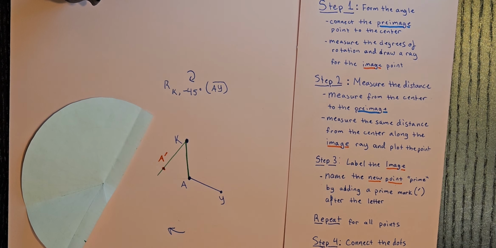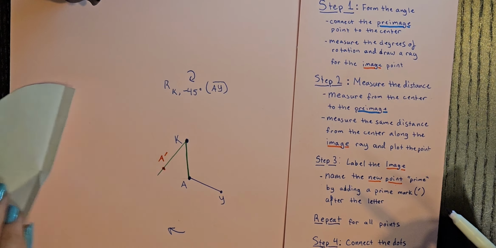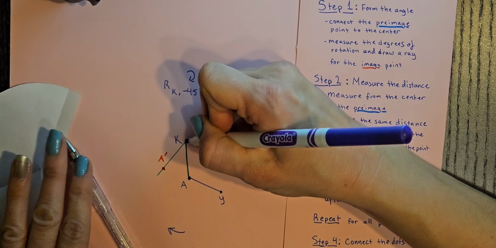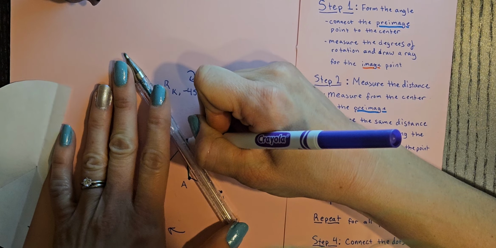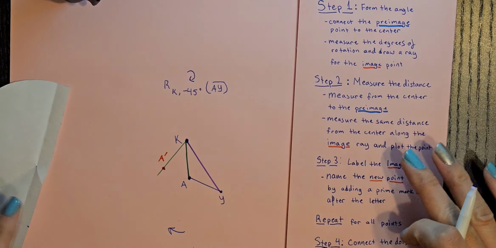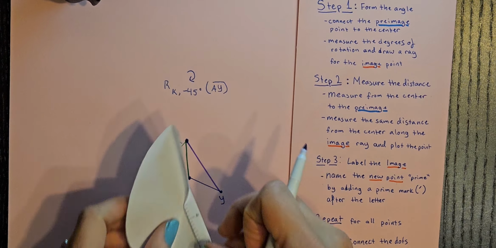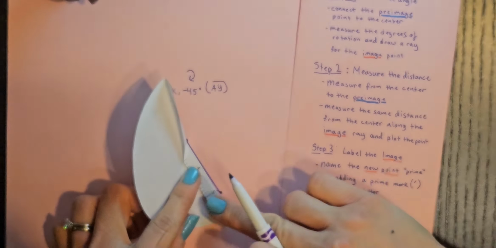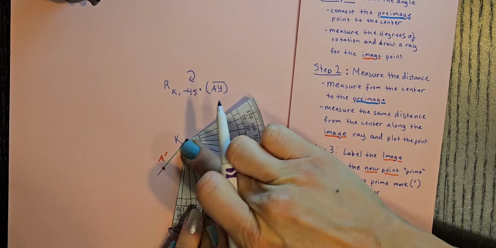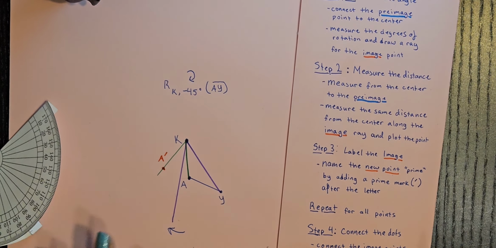And now we just repeat that for our other point. So I'm going to do the same thing for Y. I'm going to connect Y, and then we're going to measure our 45-degree angle from that vertex, line it up, and then flip it over, look at the other side, and draw that ray.